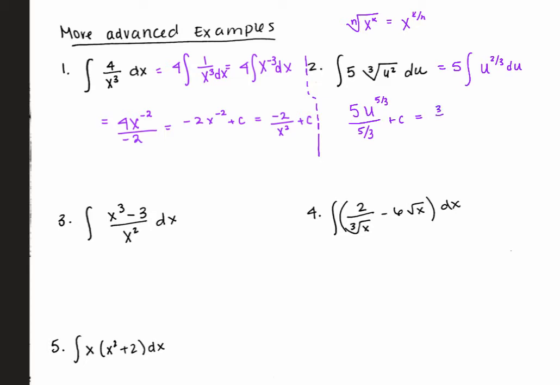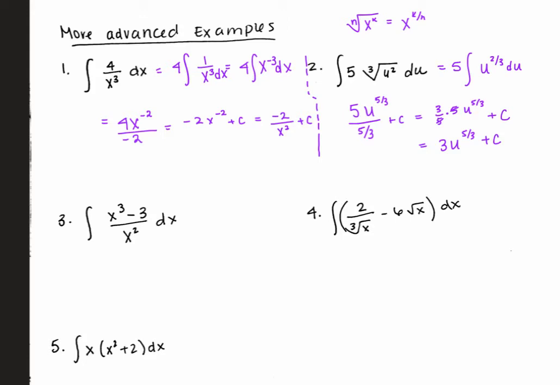So I can write 3/5 times 5 u to the 5/3. Multiplying by the reciprocal is the same thing as dividing by 5/3. And so then what happens is the 5's will cancel out, and I'm left with 3u to the 5/3 plus c as my integral.